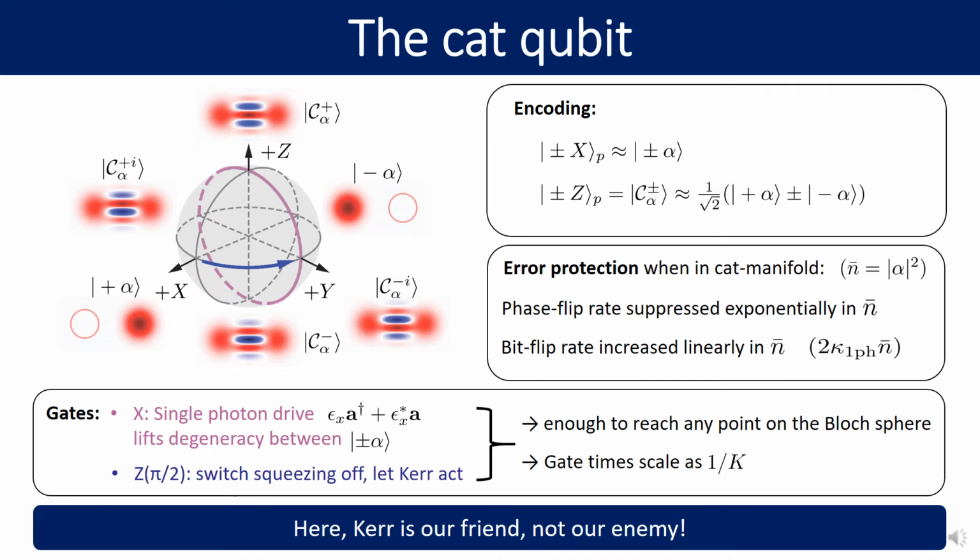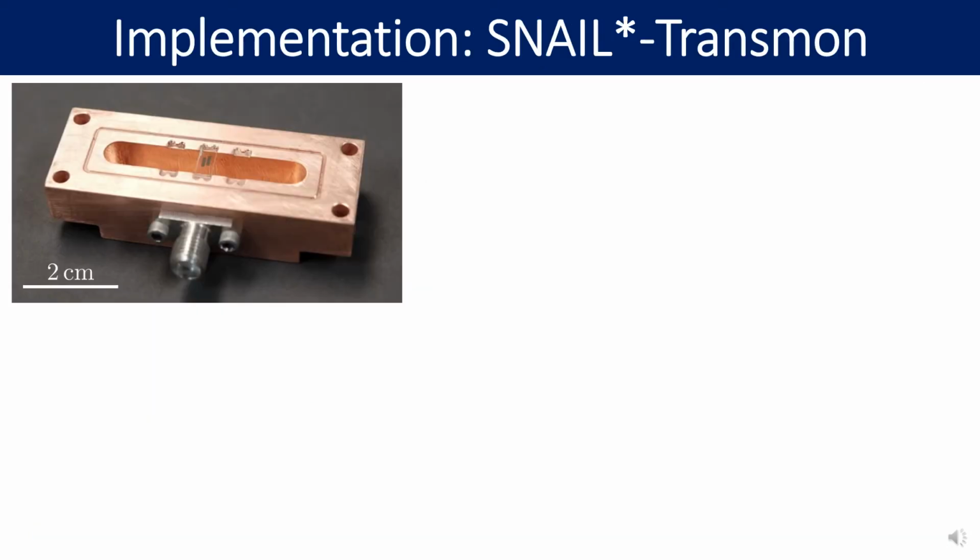So how are we actually implementing this system? Here's a picture of our implementation. And what you see here is the lower half of a copper microwave cavity that acts as our readout resonator. And in that cavity, you have this sapphire chip on which there is an aluminum oxide structure, and that's the mode that will host the Kerr-Cat qubit.